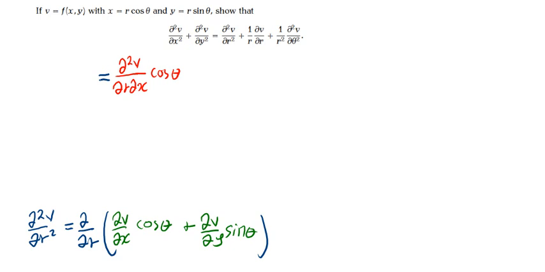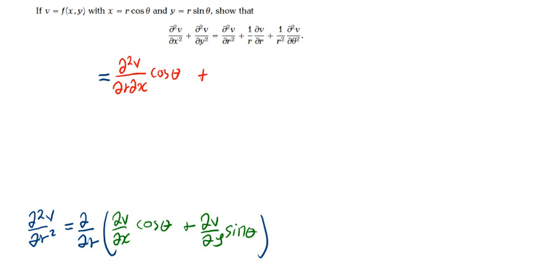But I have theta instead of r, so all of it is a constant. When you differentiate cos theta with respect to r, you're going to get 0. So no need of considering it there, and that's going to be plus.